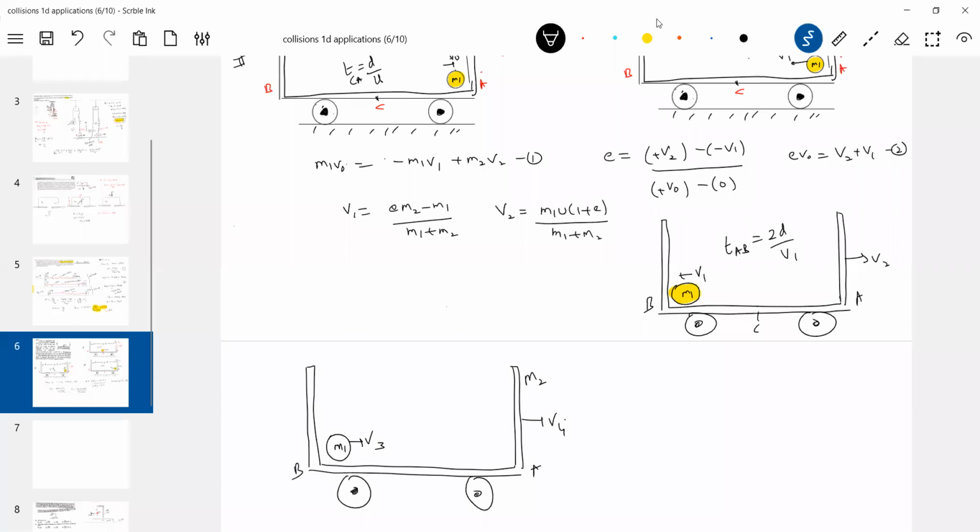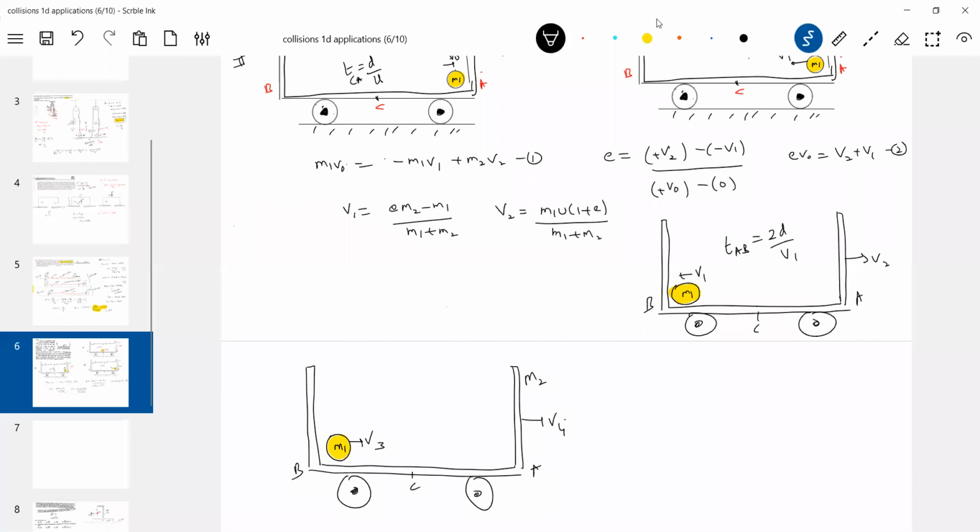Sir, time taken by the ball to travel from A to B should be distance by the relative velocity. Yes, it should be relative velocity. What I wrote was only V1. I'll change it.